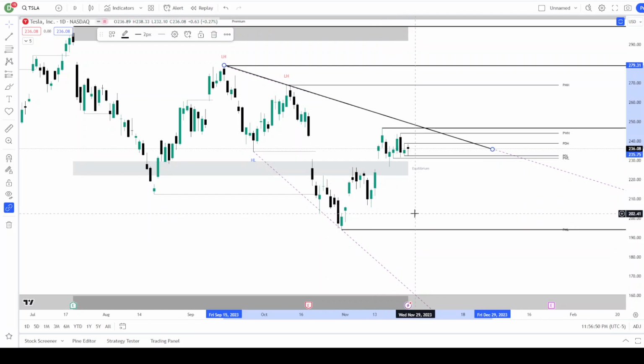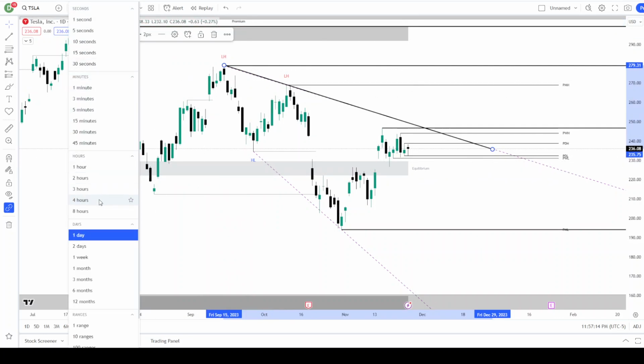As far as containment goes, we'd probably be looking at 226, 227 to contain price tomorrow. If we fell from there, we could see anywhere as low as 215. I don't anticipate that's going to happen, but I wouldn't anticipate lower than 226, 227 if we were to start aggressively selling off tomorrow.